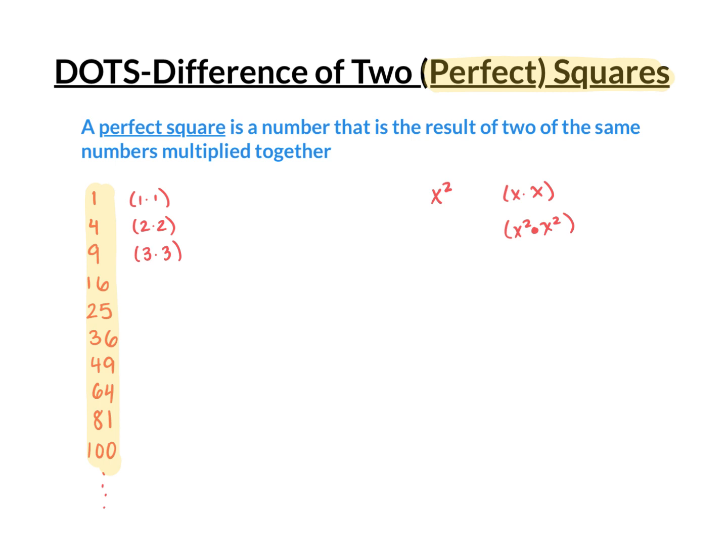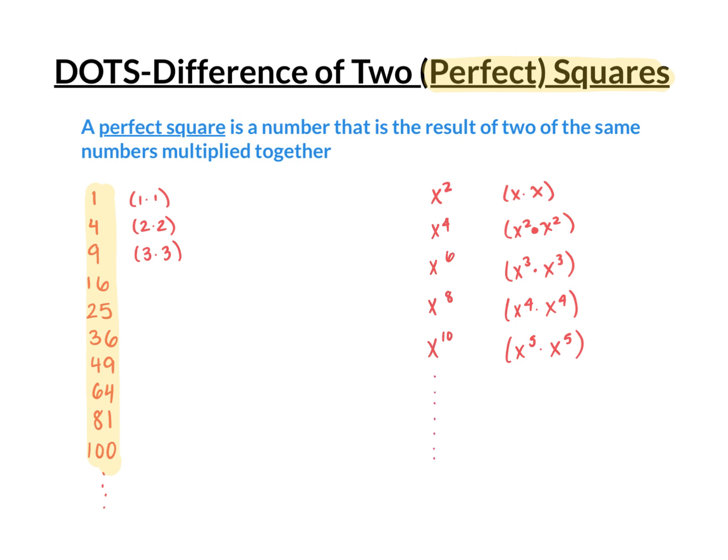So your next perfect square will be x to the fourth. Now if we keep going, x to the third times x to the third. Remember, keep the base, add the powers, it would be 6, not 9. x to the fourth times x to the fourth, add them, we get x to the eighth. x to the fifth times x to the fifth will give us x to the 10th. Remember, we add the powers, and so on and so on.